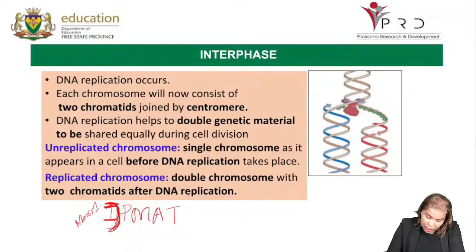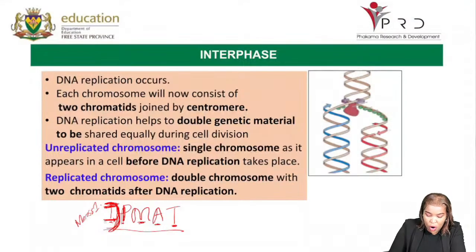I can't remember now what they call it, but I can say Ivan proposed Mary at Thabo. I know you are happy to hear that. So that helps me to remember the order in which the phases occur. Ivan proposed Mary at Thabo.